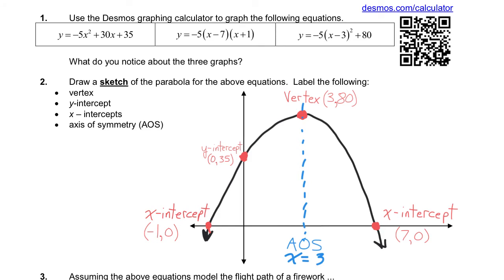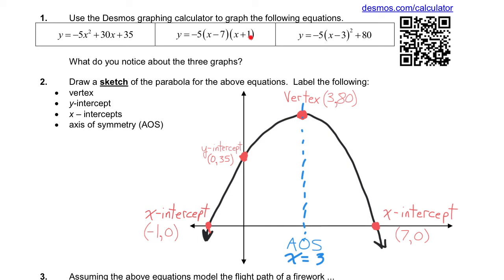Take a look at this. Which of these numbers do you see in the coordinates? 35. Well, there's a 7 and a 1. They just have opposite signs. Here it's x minus 7, but this is positive 7.